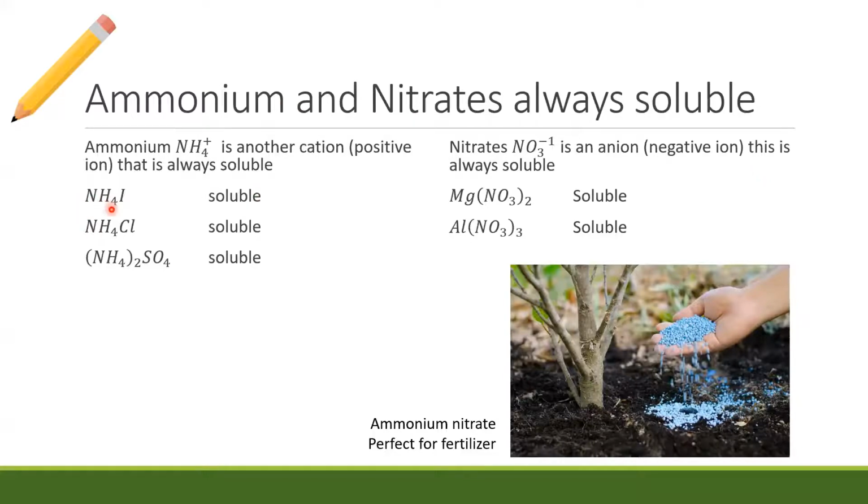So here's NH4I, guess what? Soluble. NH4Cl, guess what? Soluble. (NH4)2SO4, that's also soluble. We need to have 2 copies of the NH4 because SO4 is 2 minus. Now, you guys should remember how to balance ionic compounds from semester 1.